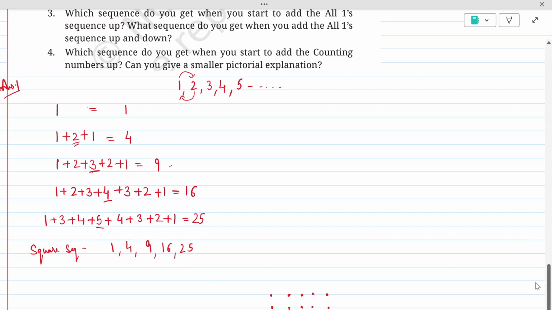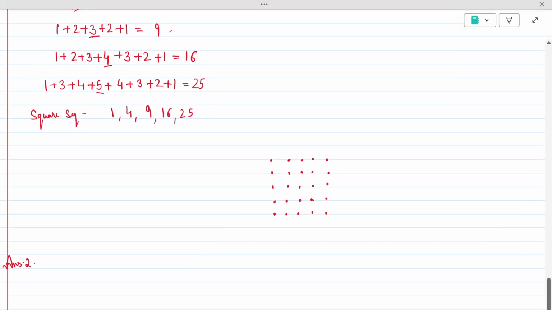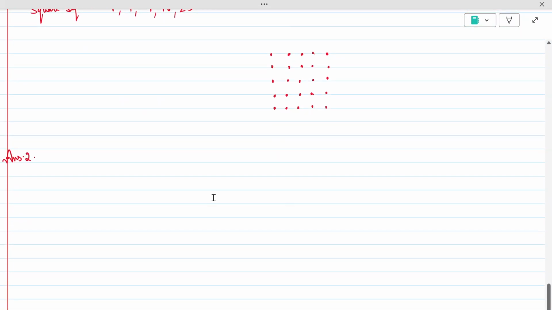So, I'm going to write here answer number 2. Can I say that if this 1 plus 2 plus 1 is 4, then 1 plus 2 plus 3 plus 2 plus 1 is 9, and so on.